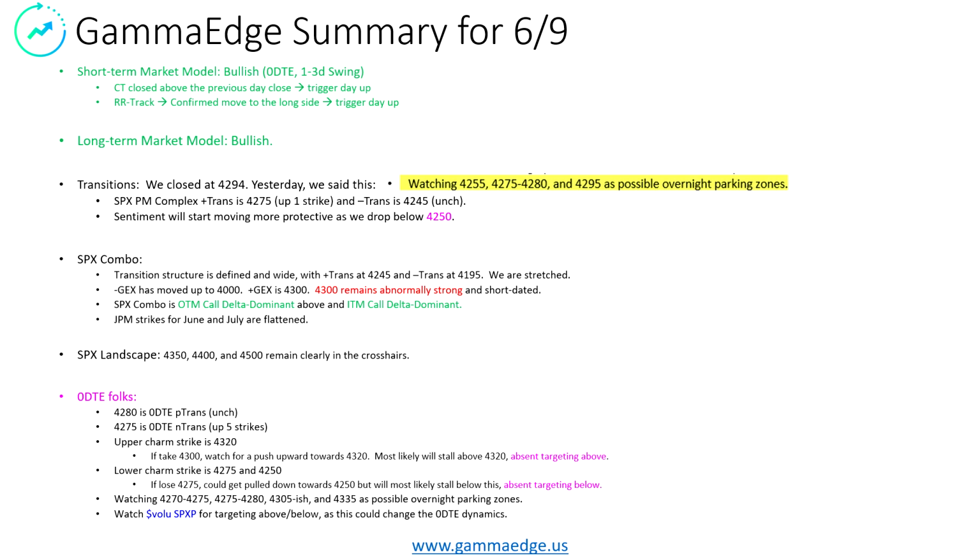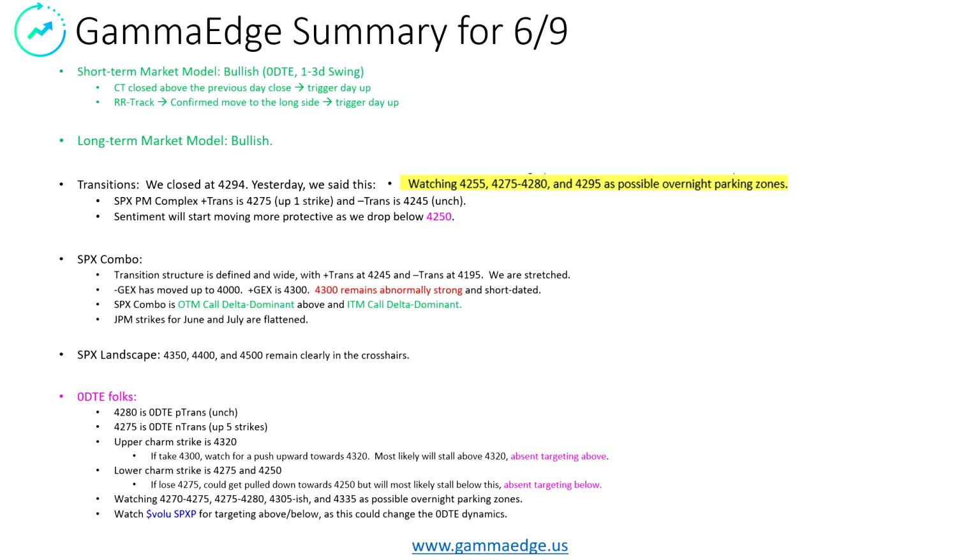The SPX combo, which is the AM and the PM settled complex, transition structure is defined, but it's very wide. We've got plus trans at 42.45, there's that number, and minus trans at 41.95. Now, for those of you who follow this, you're probably saying, wait, the plus trans is at 42.45, whereas above it, minus trans is at 42.45.